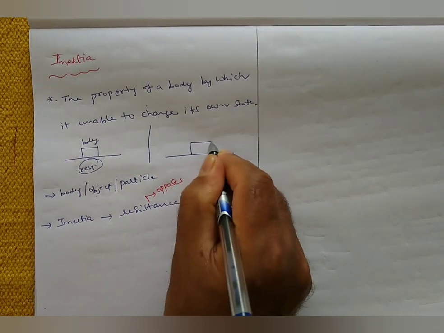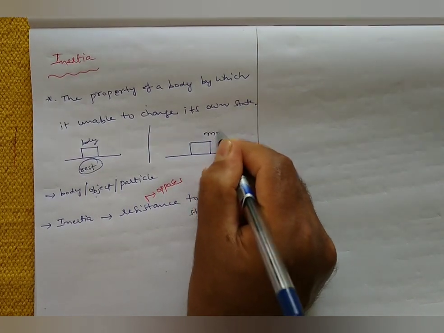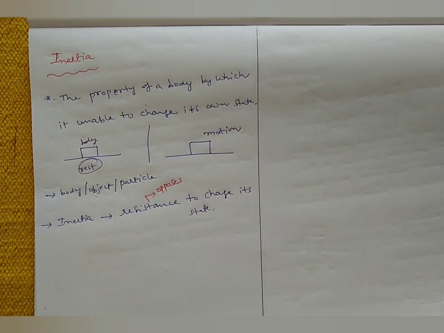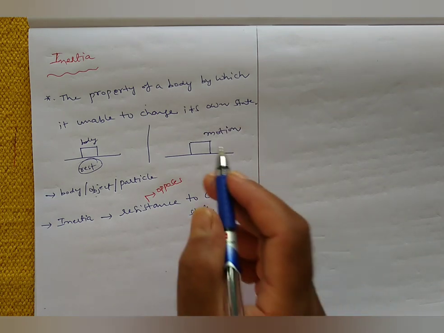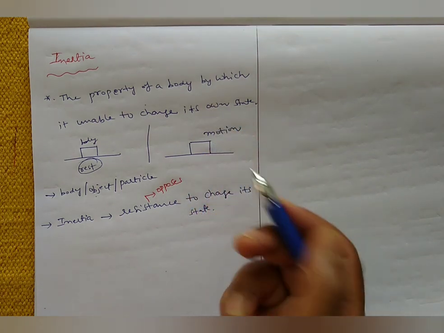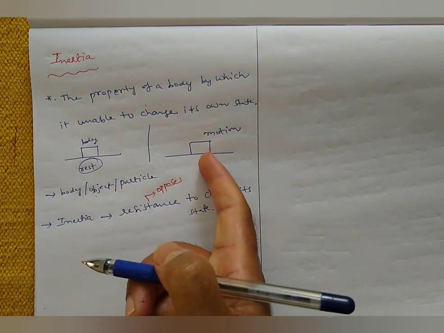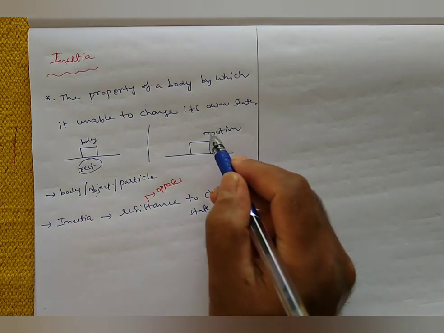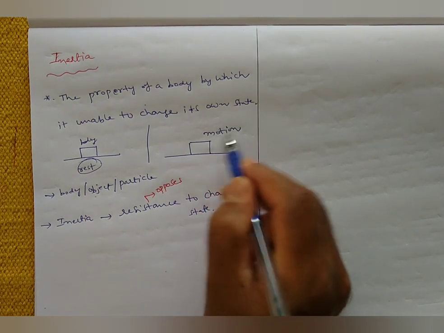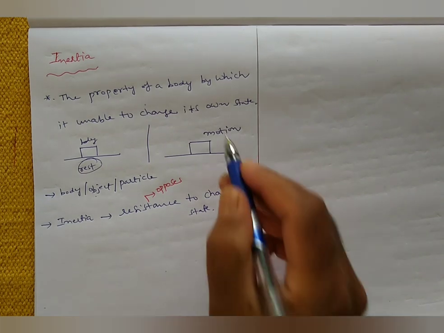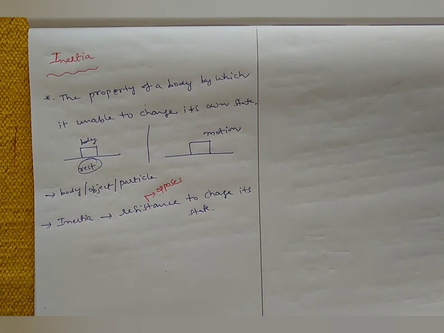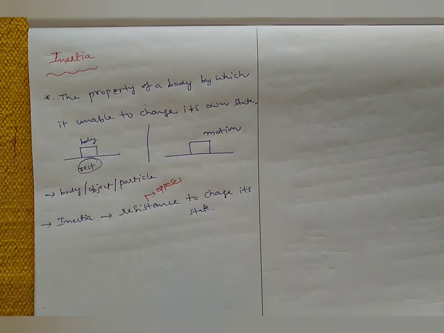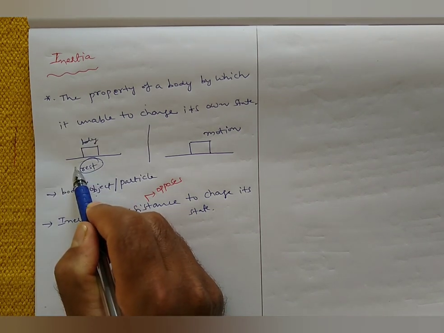Take one more example. Suppose the body is in uniform motion. If it is in uniform motion, then also this body doesn't want to change its state of motion. This body always wants to be in the state of motion, so it doesn't want to come to rest.